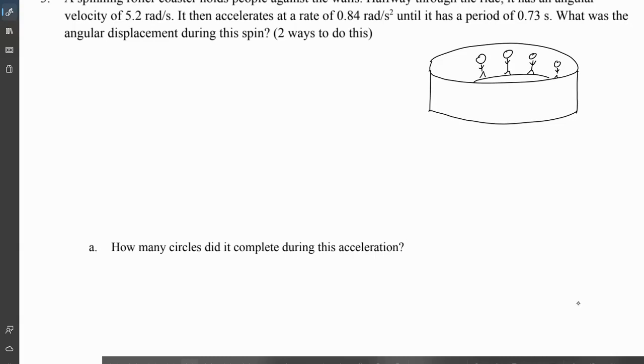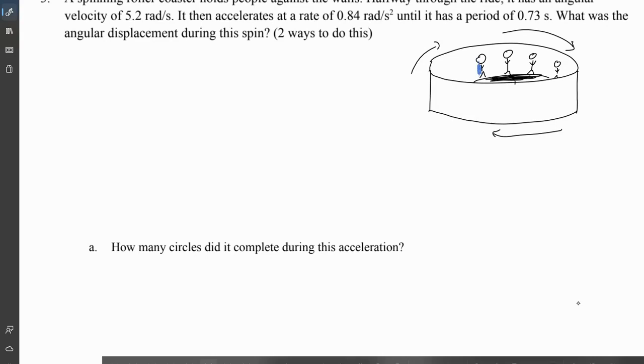And then it starts spinning round and round, all the way around. And then the floor actually drops out from underneath you, but because of the friction between your back and the wall, you stay up.